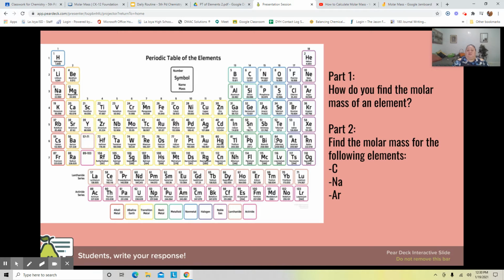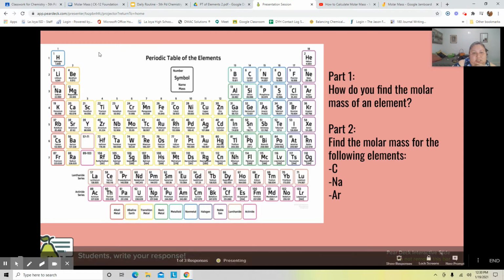What do I need from this page right here? I'm looking at this page right here. What do I need from this page in front of you? What are you going to look at? Are you going to look at the atomic number, the number on top? Are you going to look at the atomic symbol? Are you going to look at the atomic name?